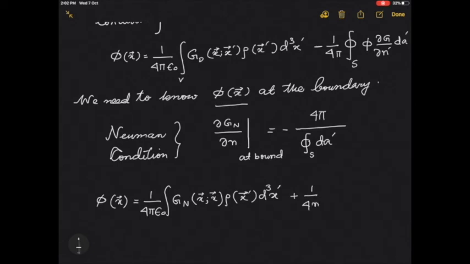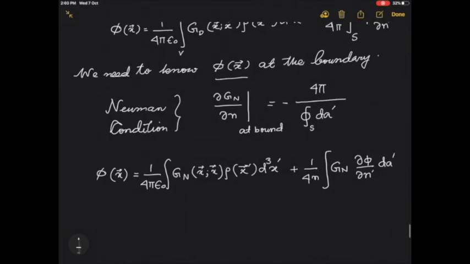That will come with a plus sign, 1 by 4 pi, G Neumann times del phi del n prime. And I have this term left, which is 1 by 4 pi.